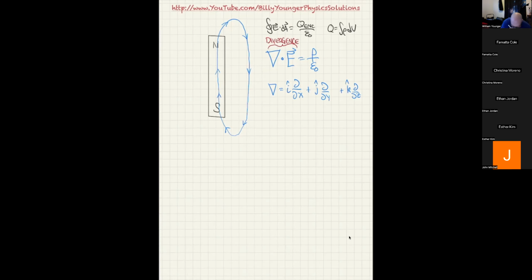And it tells you sort of how likely it is for some kind of field to be able to either, let's say, leave a particular point in space or actually enter a particular point in space. So if you have a field like this, obviously this is a field that has a lot of divergence. In this case, the right-hand side, this would be a lot of, say, negative divergence.